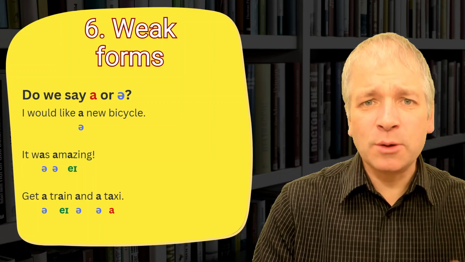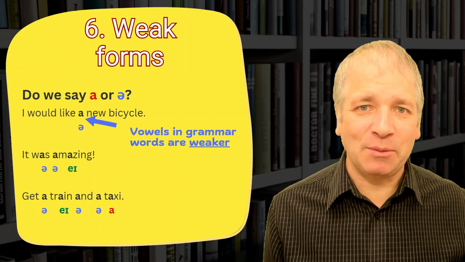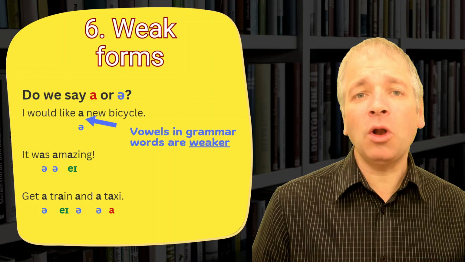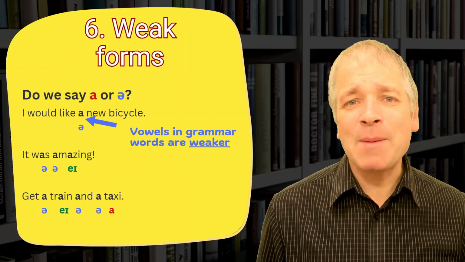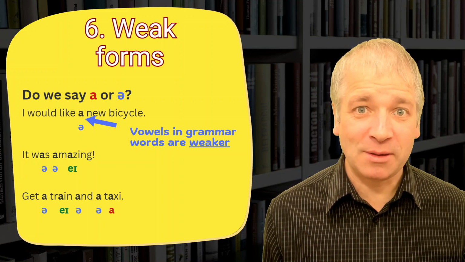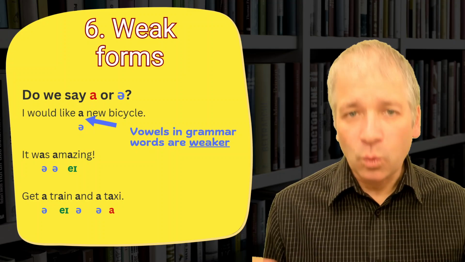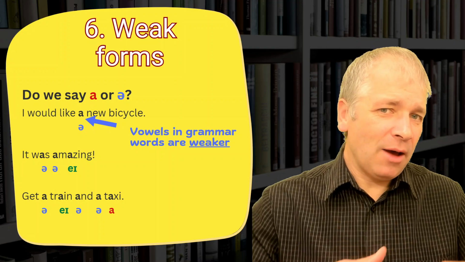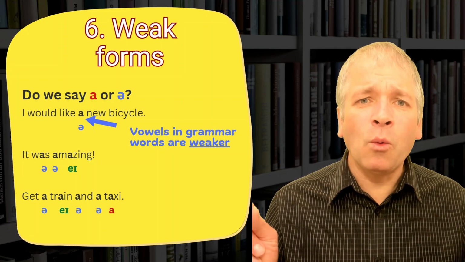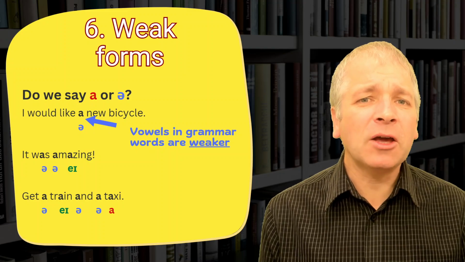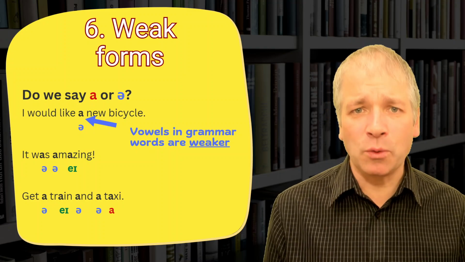So when do we use each one? First of all, let's look at these weak sounds. Did you notice that all of these weak sounds, apart from one, came in what we call grammar words? A, and, was is from the verb to be. All of these words are what we call grammar words because they don't have real meaning of their own.